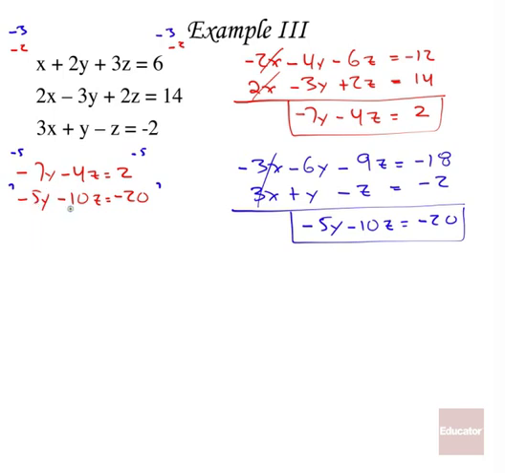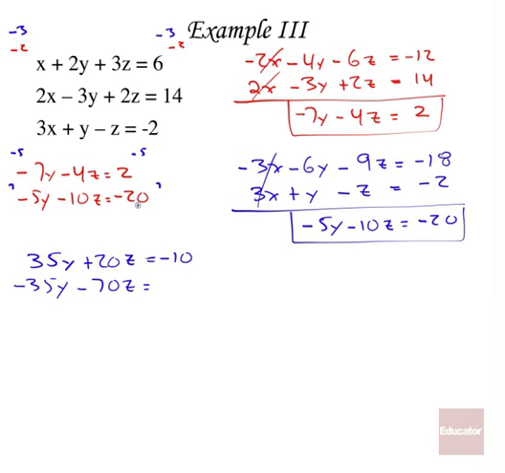So let me multiply the first one. What I get is 35y, right? Negative 5 times negative 4 is plus 20z. Negative 5 times 2 equals negative 10. 7 times a negative 5 is negative 35y. So far, so good. 7 times a negative 10 is negative 70z.